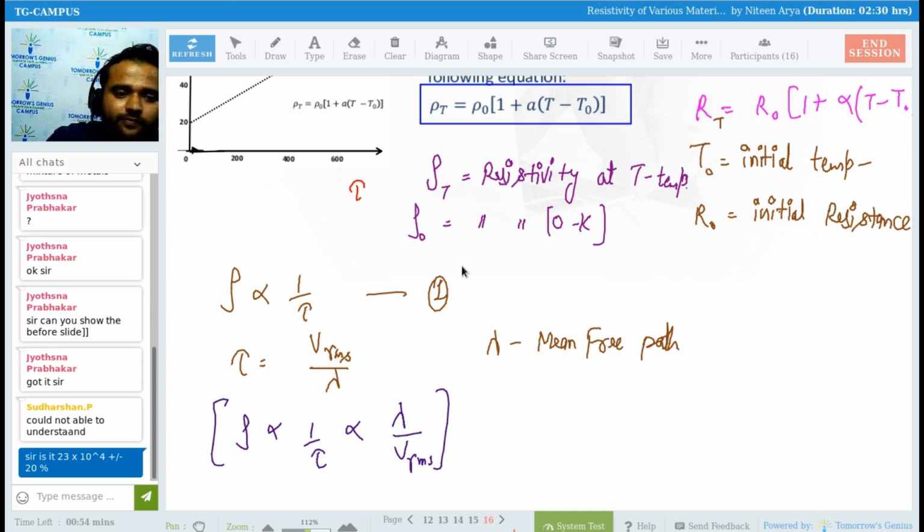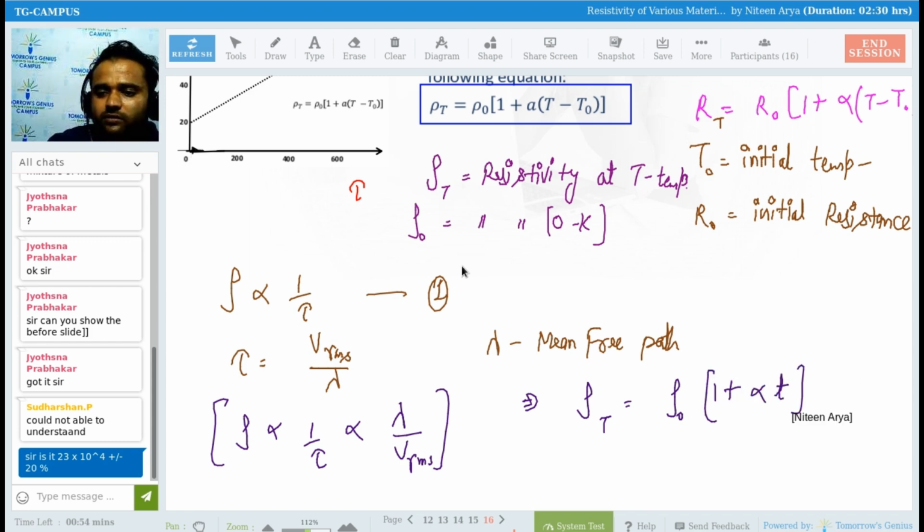It is mostly linear. So from here, rho of T is rho naught times 1 plus alpha T, or this T can be T minus T naught. This T is temperature here, but it is the temperature difference.